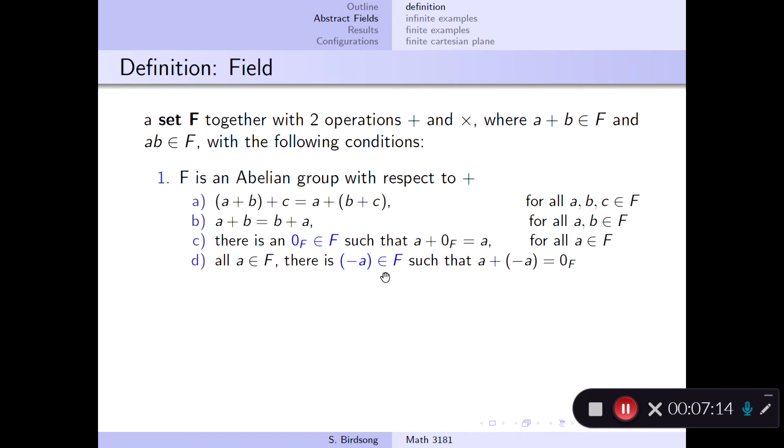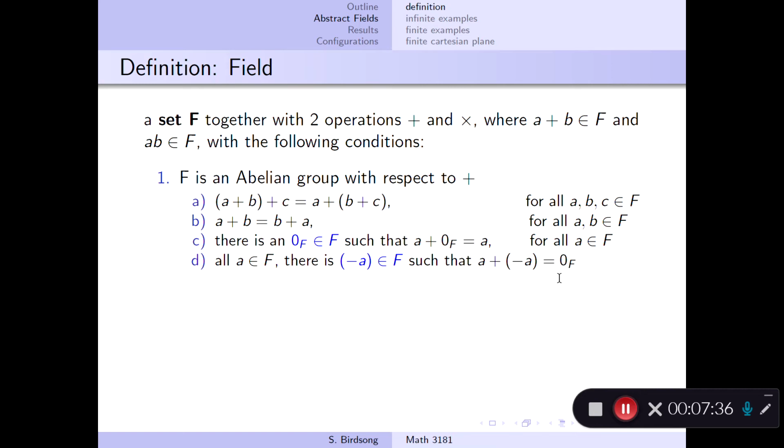Maybe it's the same element, maybe it properly is a different element. We're going to call this guy negative A. Please note at this point in time that's not negative 1 times A. This is a brand new symbol, negative A altogether. So there's got to be some other element in your set where if you add that guy that we're going to call negative A to its original element, you better get that 0 element that you already have to have.